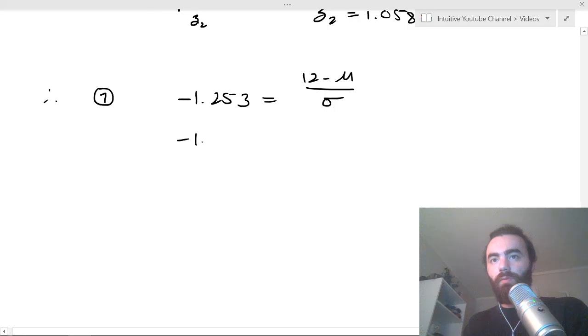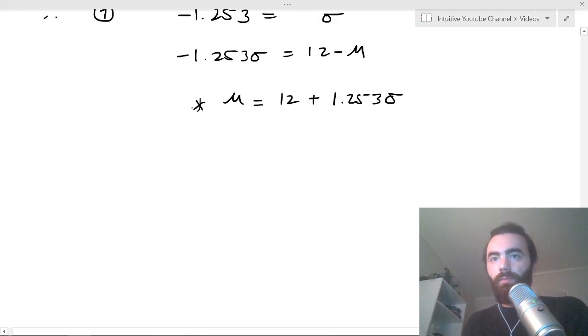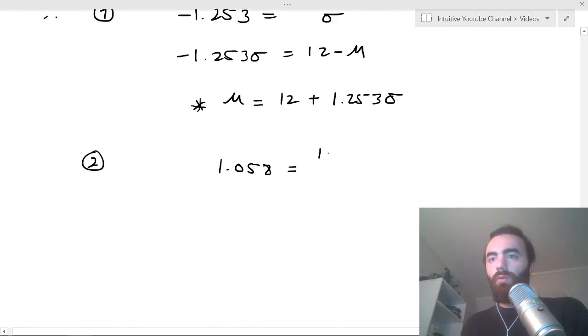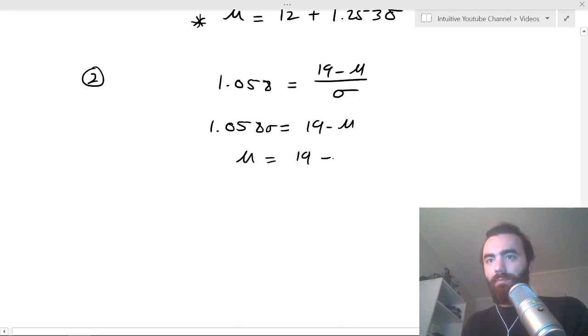So mu equals 12 plus 1.253 standard deviations. And then our equation 2 becomes 1.058 equals 19 minus mu over the standard deviation. Let's simplify that a bit. We get mu equals 19 minus 1.058 standard deviations.